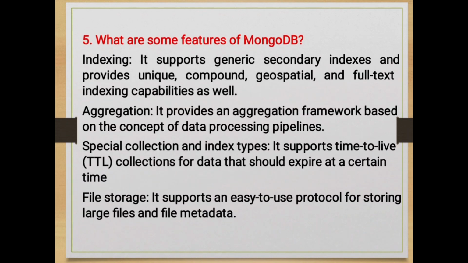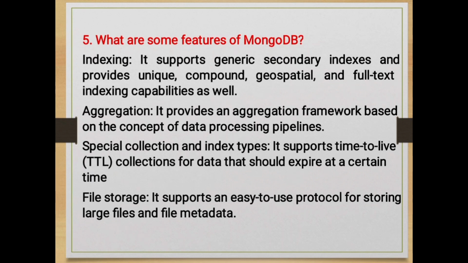What are some features of mongoDB? Indexing. It supports generic secondary indexes and provides unique, compound, geospatial, and full text indexing capabilities as well. Aggregation is another feature. It provides an aggregation framework based on the concept of data processing pipelines. Indexing and aggregation are there in many database tools, but what's special in mongoDB is the special collection and index types.